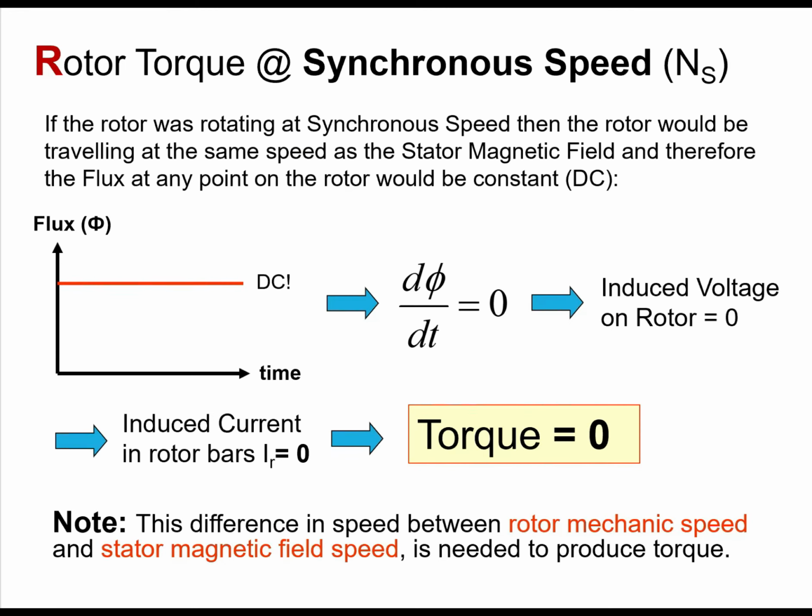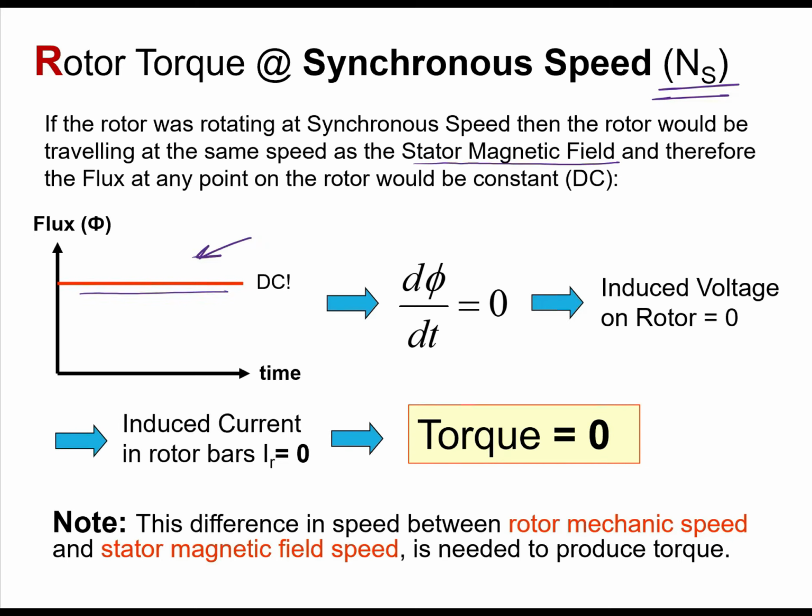At synchronous speed, which is identified as ns, if the rotor was rotating at this speed, then the rotor would be traveling at the same speed as the stator magnetic field. This is the meaning of synchronous speed. And therefore, the flux at any point on the rotor would be constant, similar to a DC, so it is just a constant value.